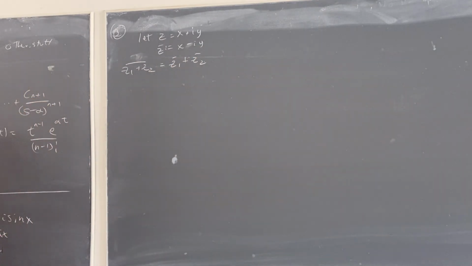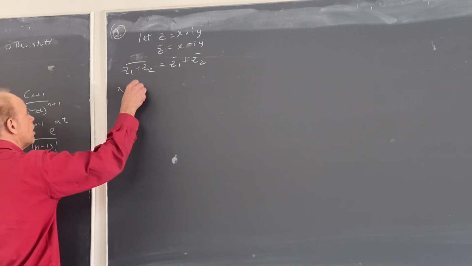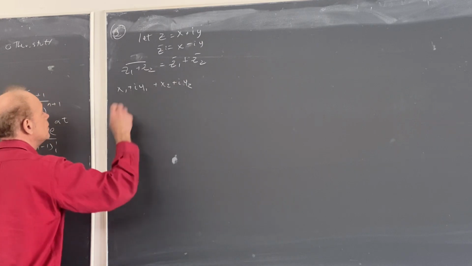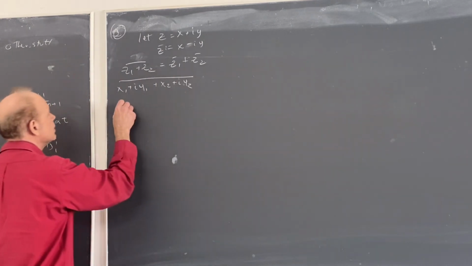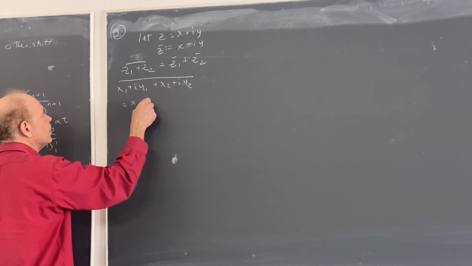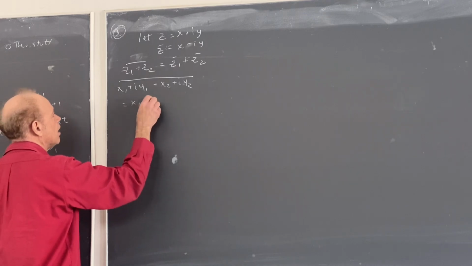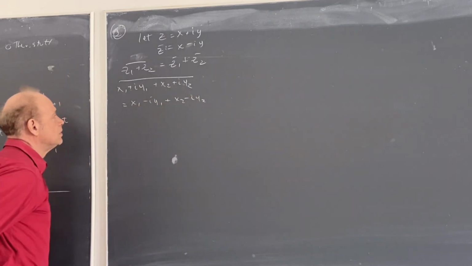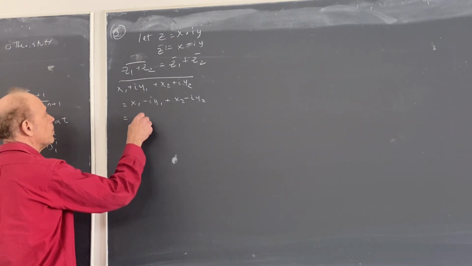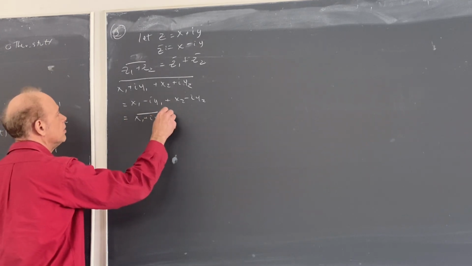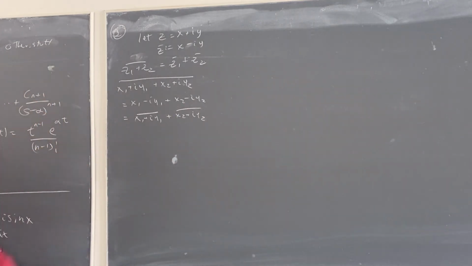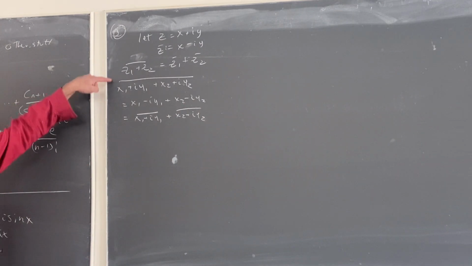Let's just prove that. The conjugate of x1 plus iy1 plus x2 plus iy2 is equal to x1 minus iy1 plus x2 minus iy2. Well, that's just equal to the conjugate of x1 plus iy1 plus the conjugate of x2 plus iy2. So that's just the proof of this.